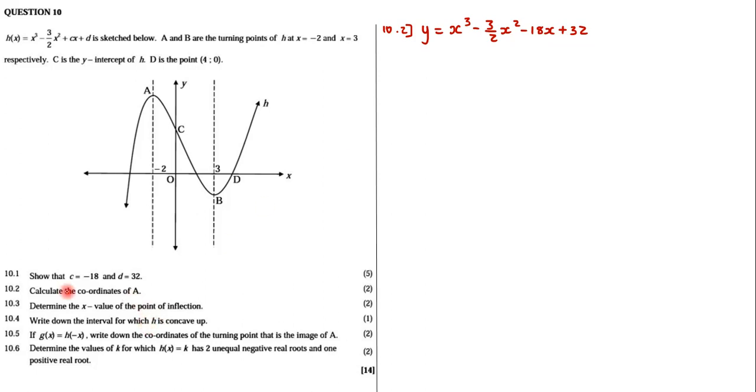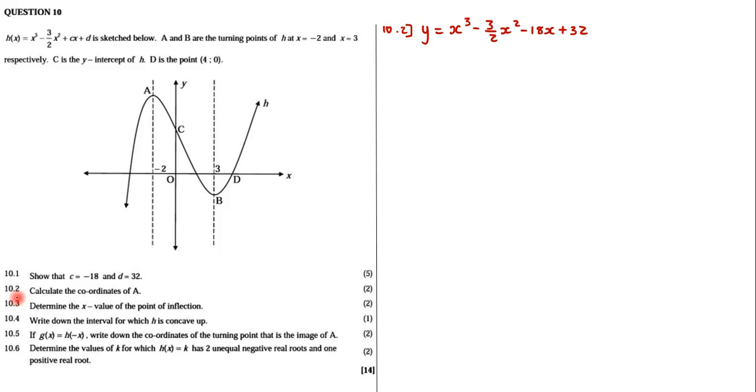Even if you didn't get these values or you couldn't answer 10.1, because they've told you these values, you can use them here to answer other questions. So don't ever give up because you couldn't get this one, because you're going to be using these values to answer the following questions, right?